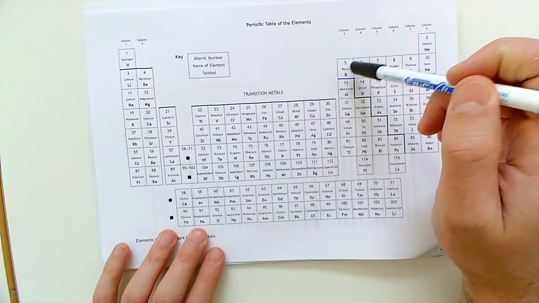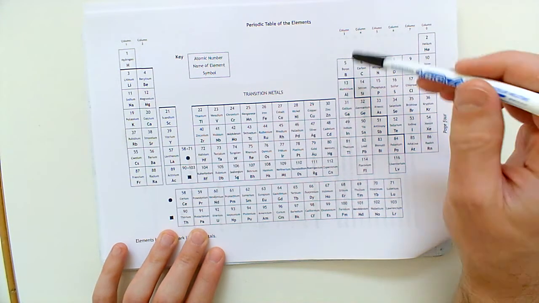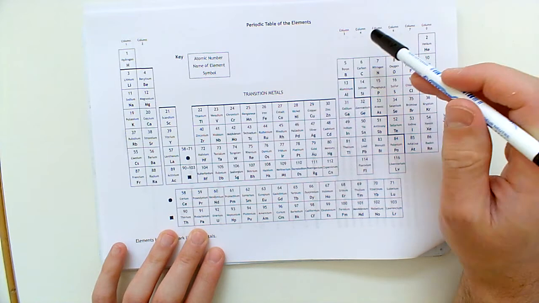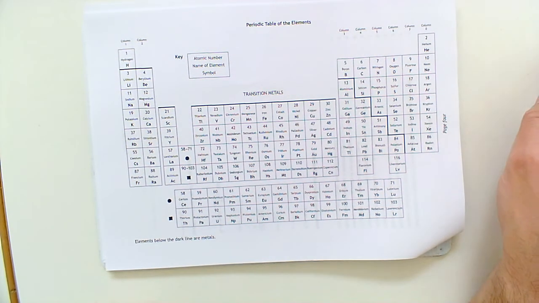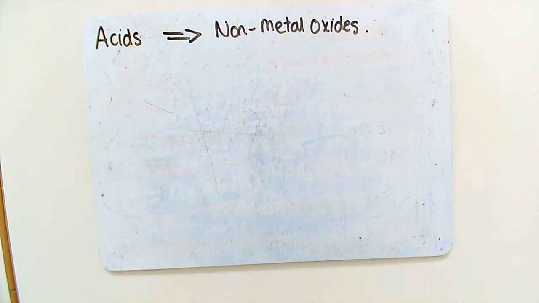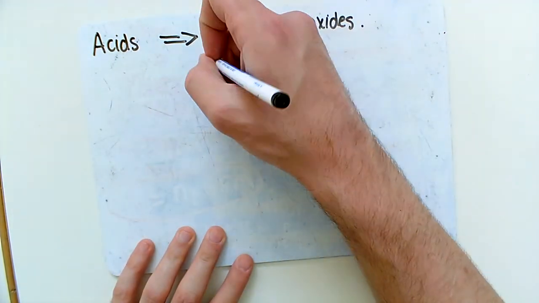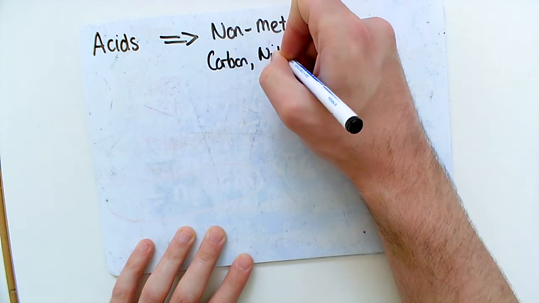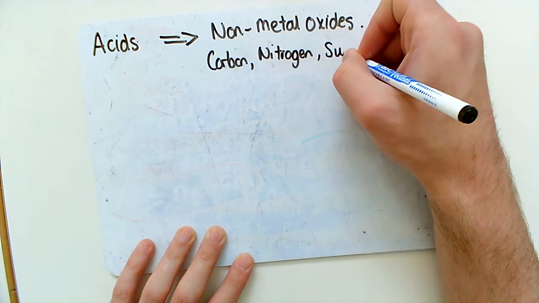Everything on the right hand side, everything in this region, plus hydrogen, is a non-metal. These are the elements we are thinking about. If they react with oxygen, they produce non-metal oxides. Some good examples are carbon, nitrogen, and sulfur.